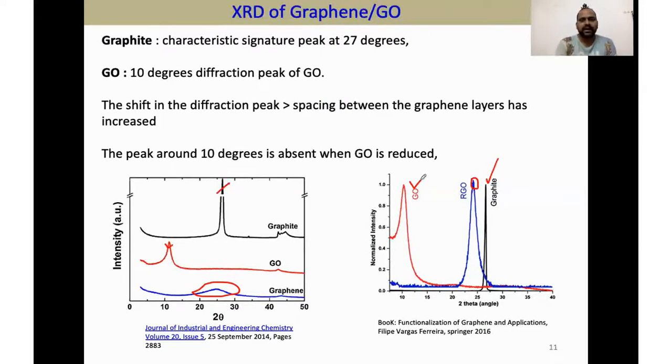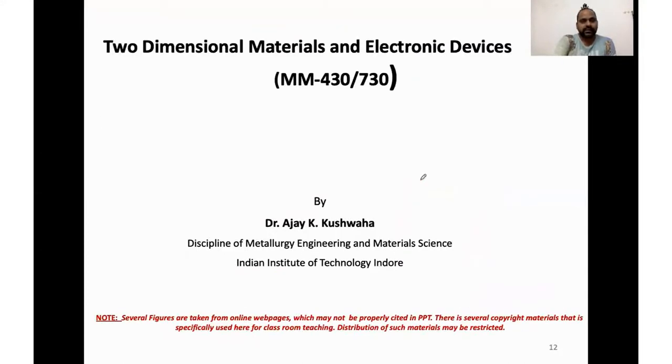Our focus was to identify whether graphene is there or not, like how we can make sure the synthesized material is graphene or not. I think we have given that idea by just doing the spectroscopic analysis and microscopic analysis of graphene. That was our only target.